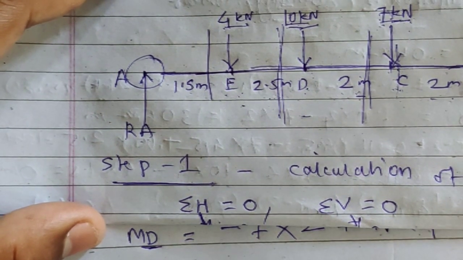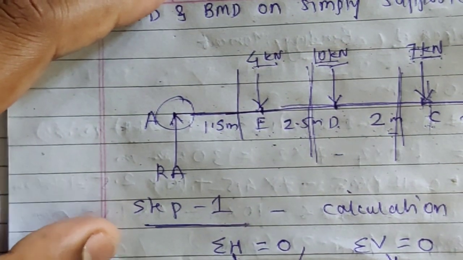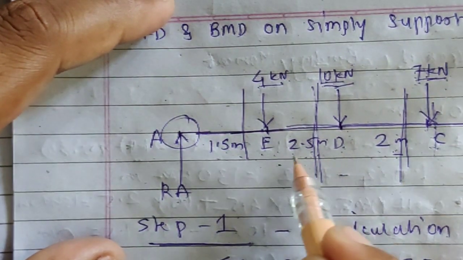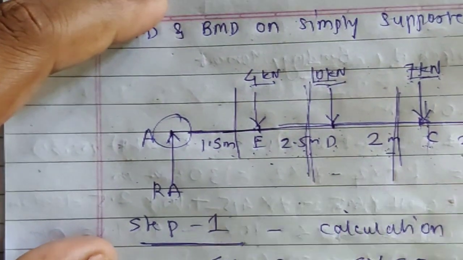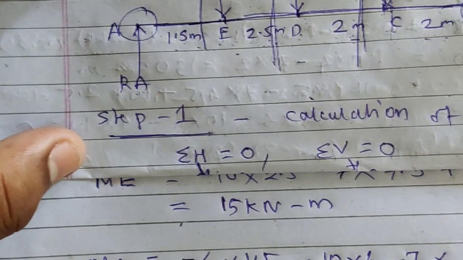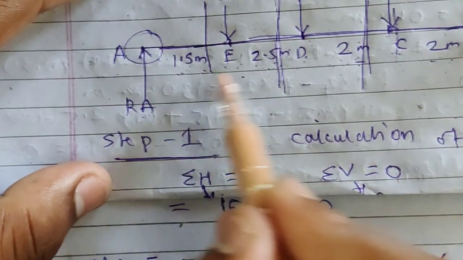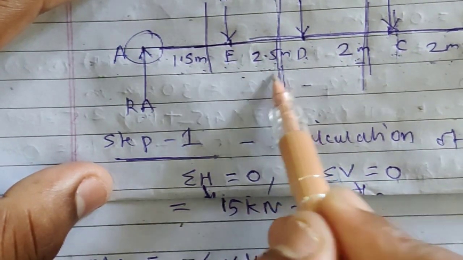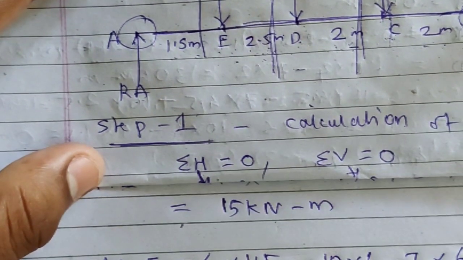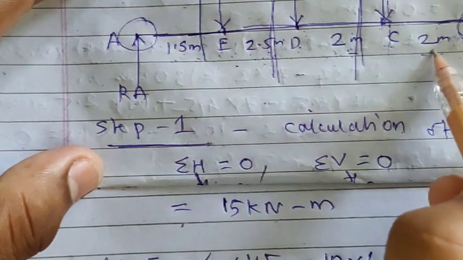4 into 1.5 minus 10 into 1.5 plus 2.5, which is 4, and minus 7 into 1.5 plus 2.5 is 4 plus 2, 6, then plus 11 into 6 plus 2, 8.